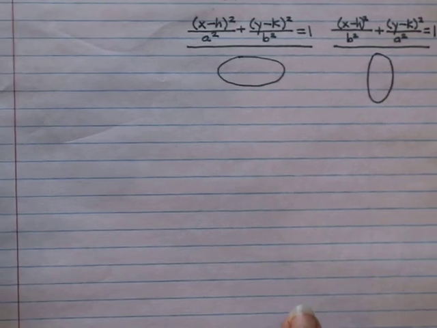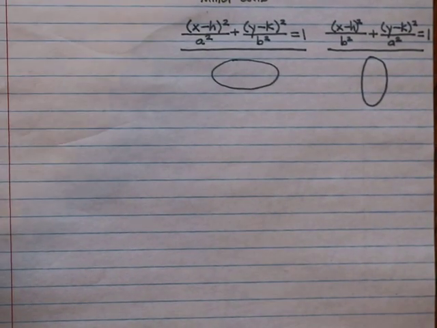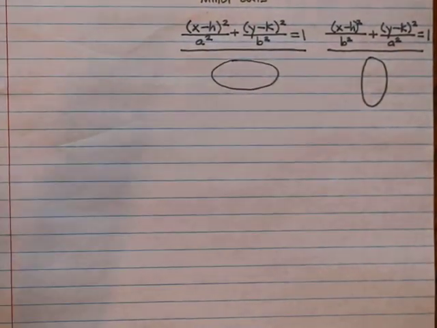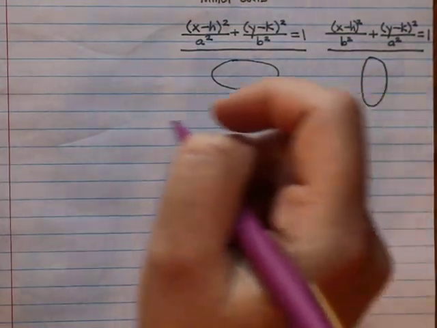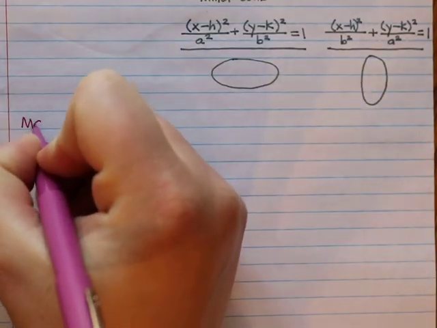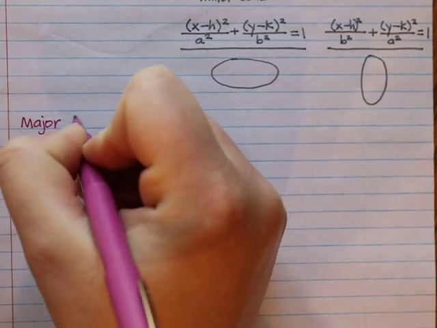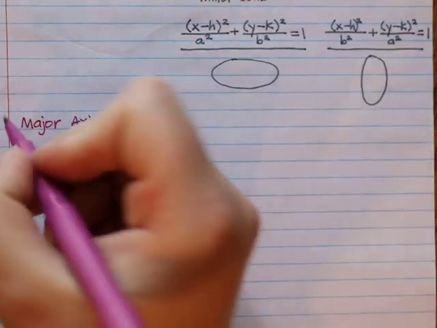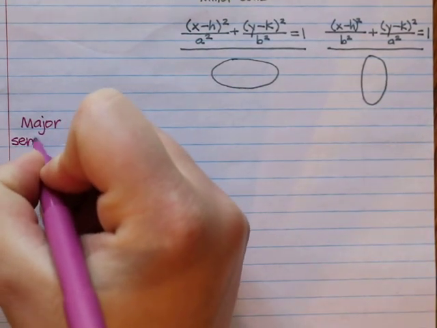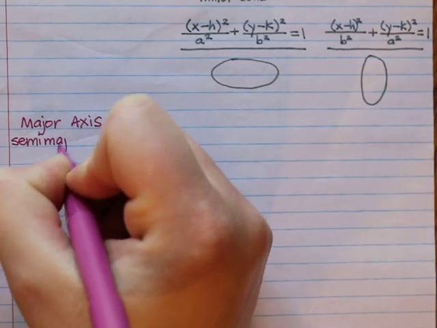We are going to do a little bit of a dive into what each one of these equations tells us. And so the first thing we're going to look at is, let's see, so we're going to talk about the major axis. We're going to talk about something called the semi-major axis.